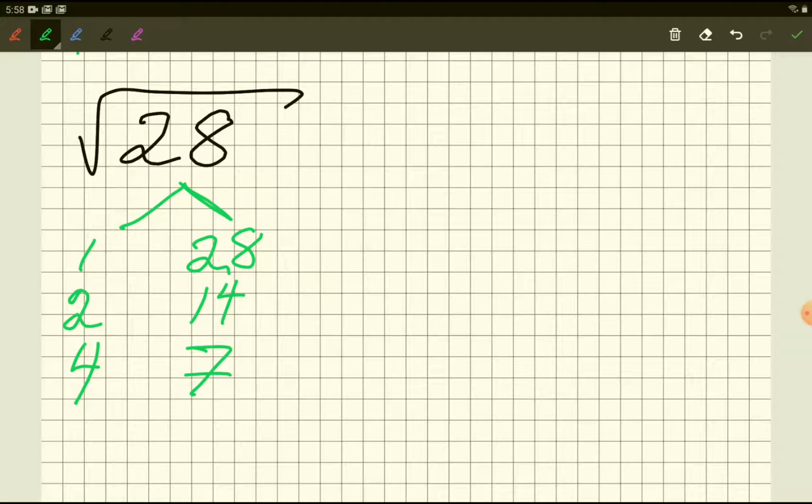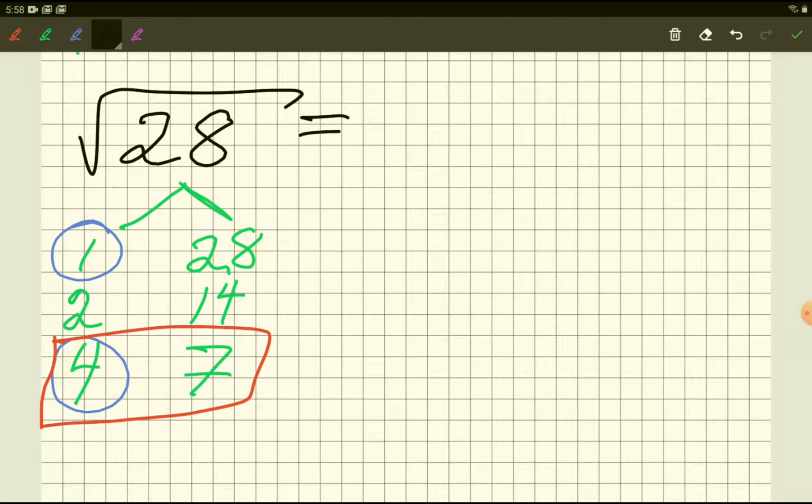So remember now, what we do is we circle all the perfect squares, 1 and 4. Now remember, the key is to pick the biggest perfect square. That's the pair you're going to use. Now I go back up here. I write the perfect square first.